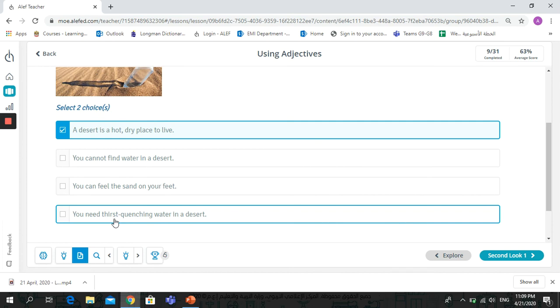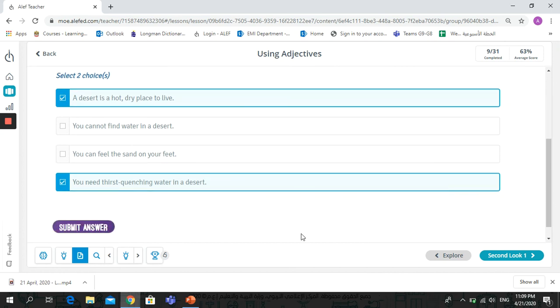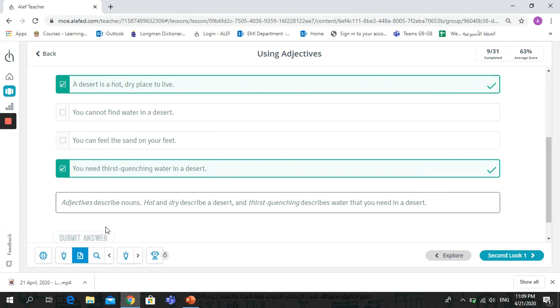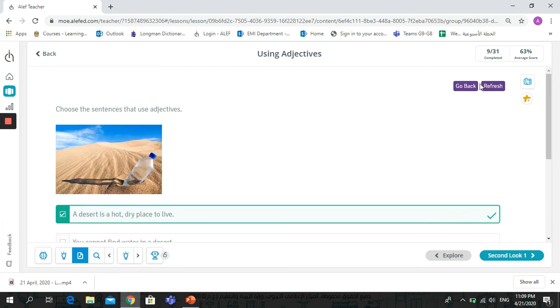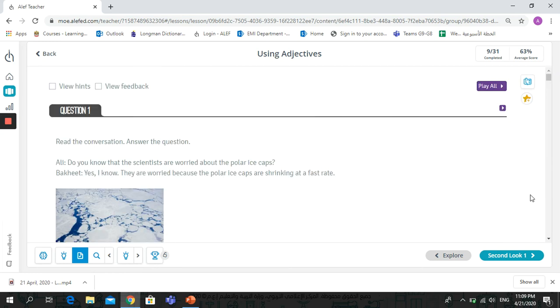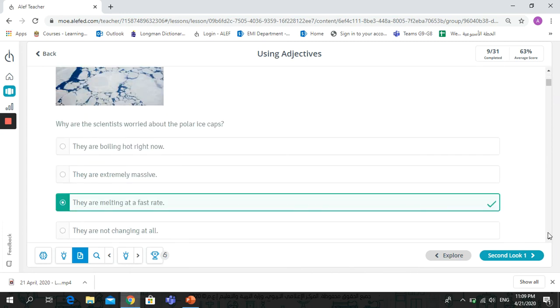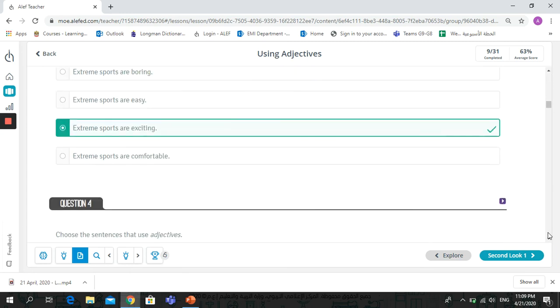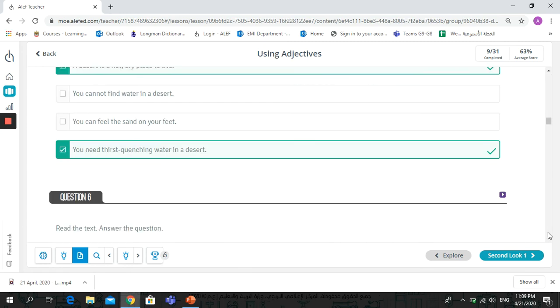Usually it comes before the word water. Let's check our answers together and see if it is correct or not. Well done. What about the next question? Let's check the next question and see if we understood the idea of adjectives or not.